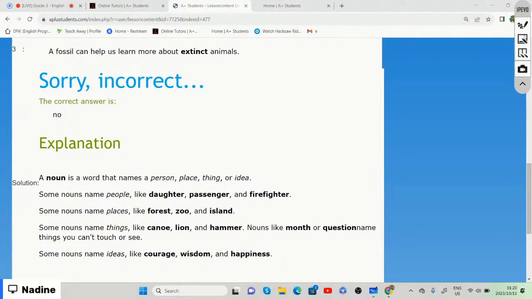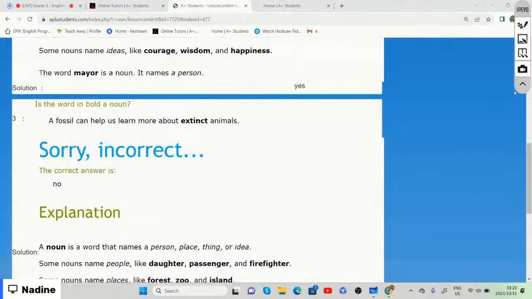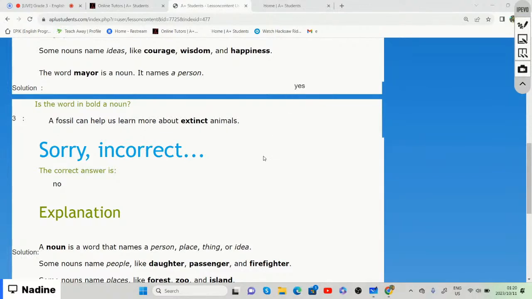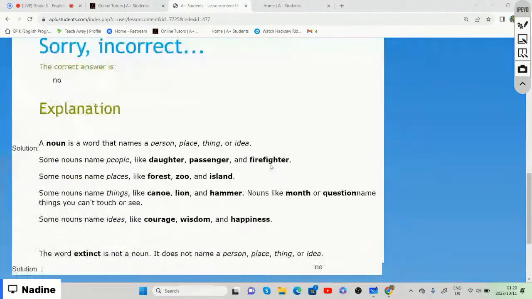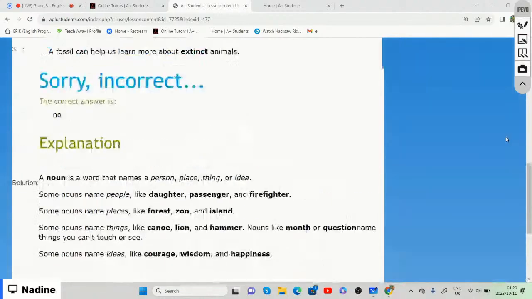And if we look at the word extinct, we can say that extinct is not a noun. So we basically had to identify if the word in bold is a noun. And the word extinct is not a noun. It does not name a person, place, thing, or an idea.